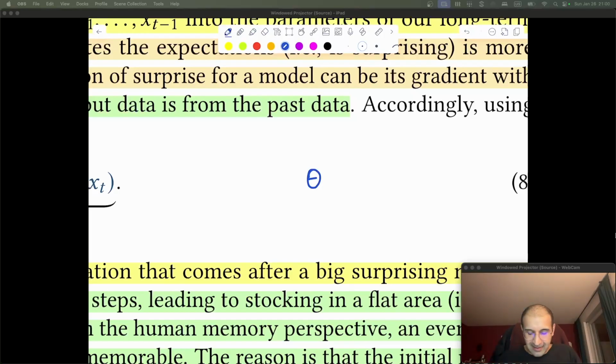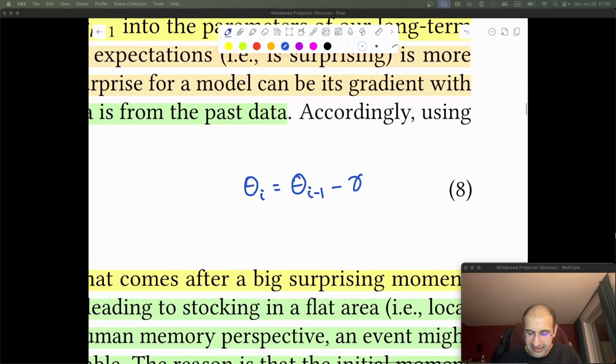The parameters theta at time i, so at step i of the training, are updated with the previous parameters of the model, so the parameters at the previous time, minus a learning rate that we will call gamma, multiplied by the gradient of the loss with respect to the parameters of the model.